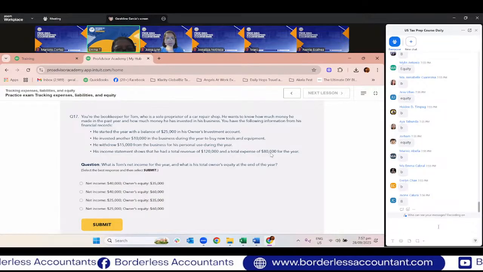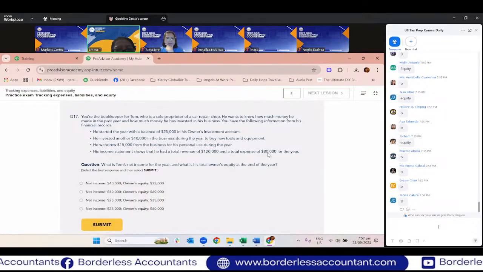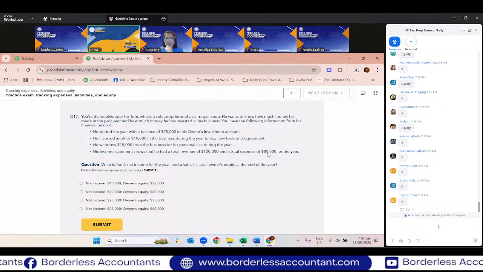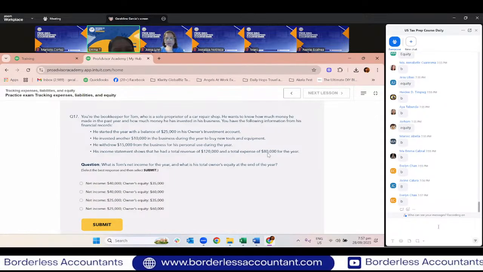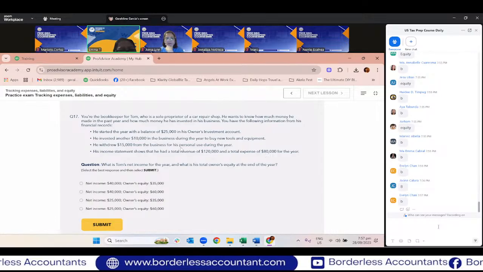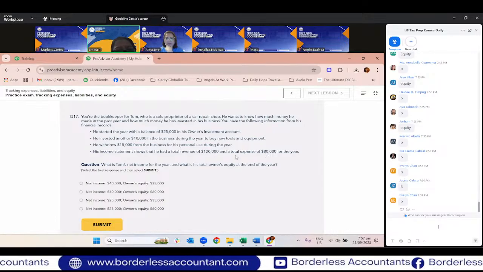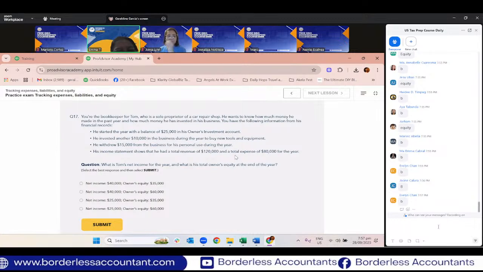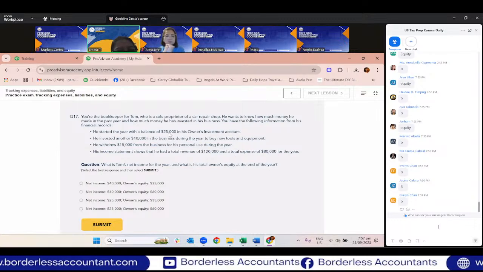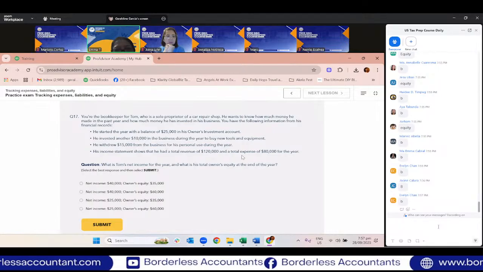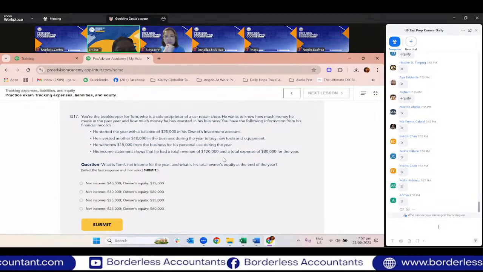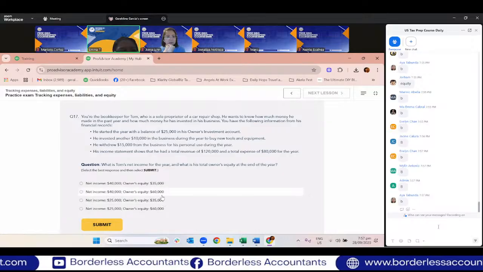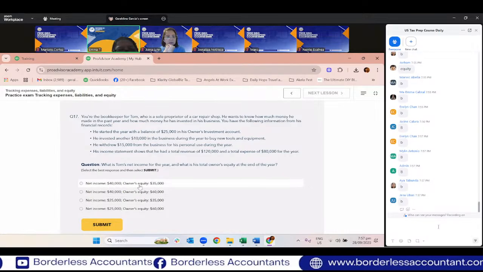So that's the profit and loss. So that's 40 plus the remaining for the 25 minus 25 plus 10 minus 15. So the answer would be net income of 40, then owner's equity of 60.